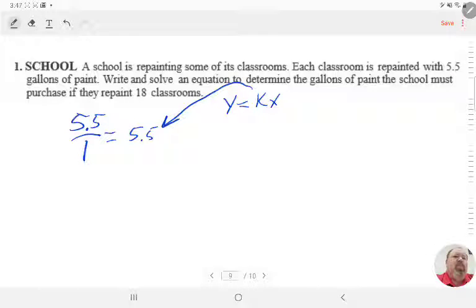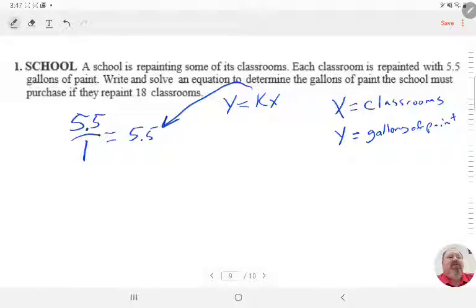And then what is y and x? Well, x would represent the classrooms. And y, in this case, and you could call them different variables, it doesn't matter, y would be the gallons of paint.